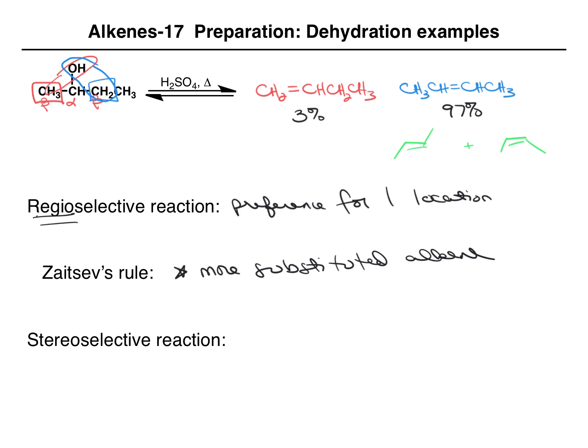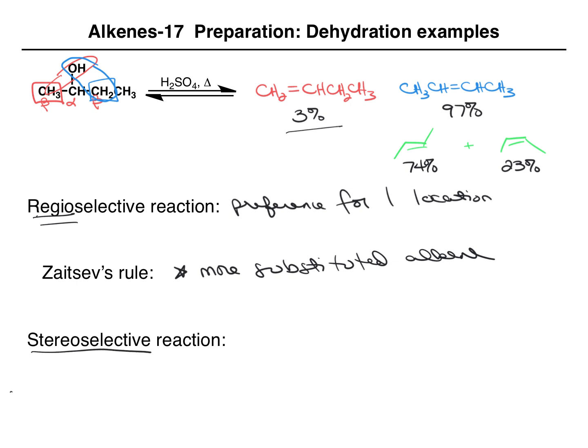So now let's update our percentages, and these products are obtained in the amount of 3% of the monosubstituted, 74% of the trans disubstituted, and 23% of the cis disubstituted. So in other words, this reaction is also stereoselective.